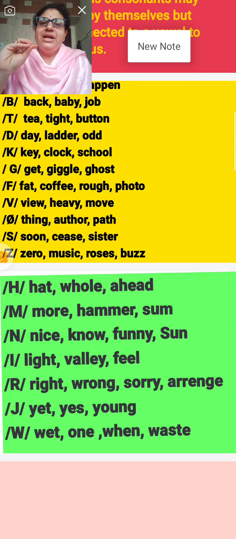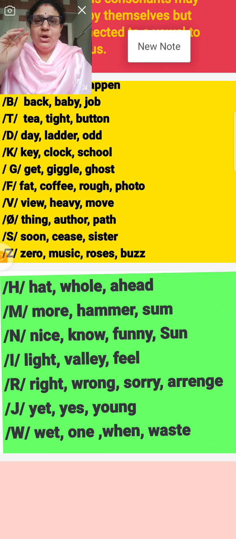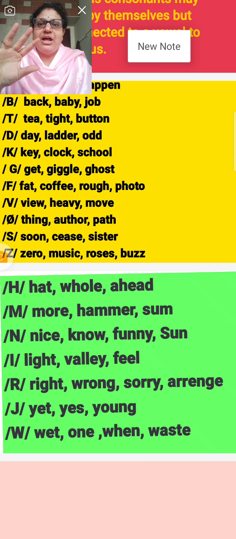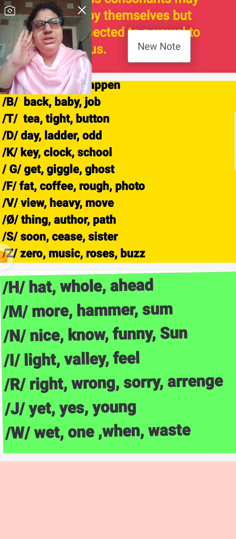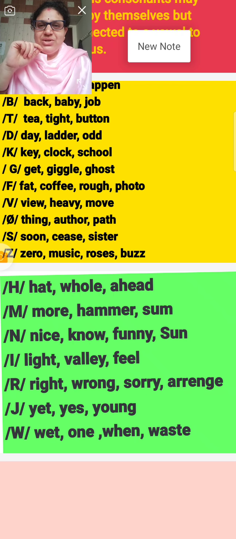It is not related with the alphabet Z. Suppose you close your eyes and listen to the roses sound, then you have to write it under the Z. Then you may ask, why is she telling us to write it under the Z, because in the spelling of roses there is no Z letter?